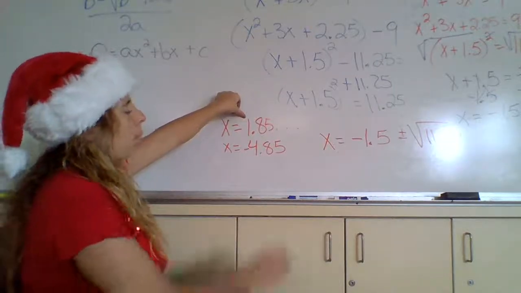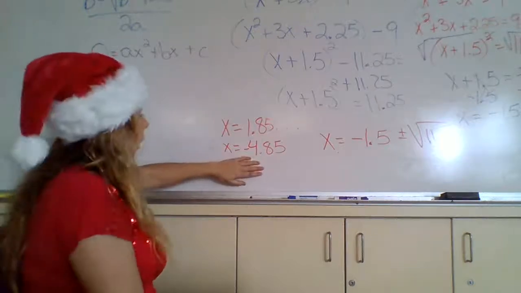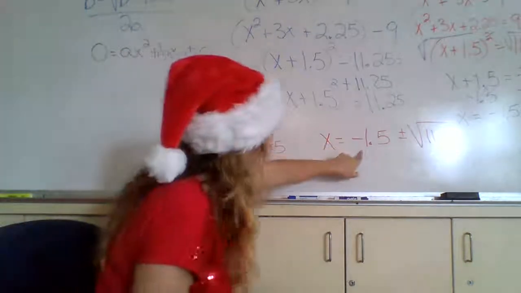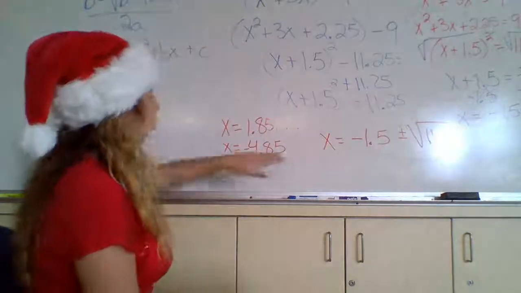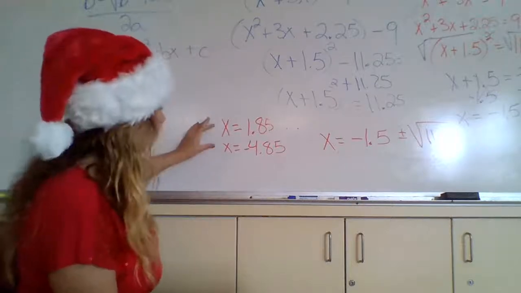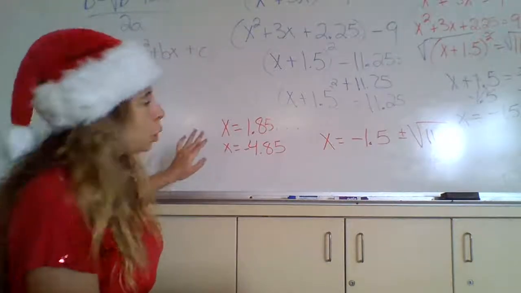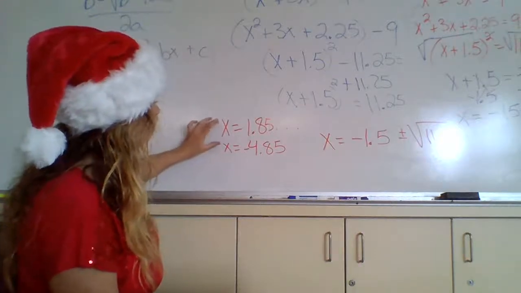Your other one is negative 4.85, that's if you do negative 1.5 minus the square root of 11.25. So this really does just represent decimals. And those are your decimals. I graphed it on Desmos just to check, and yes, these are your two x-intercepts. Okay?